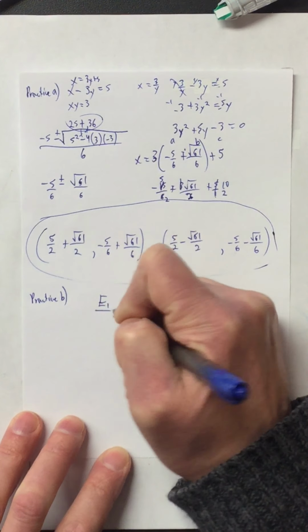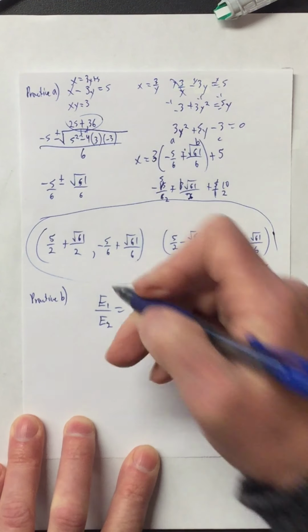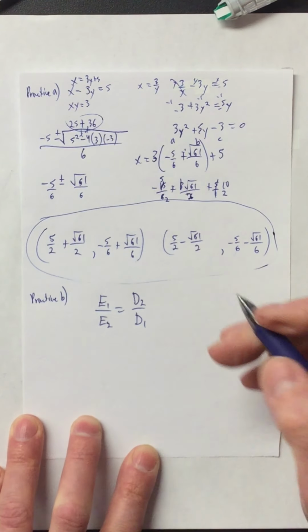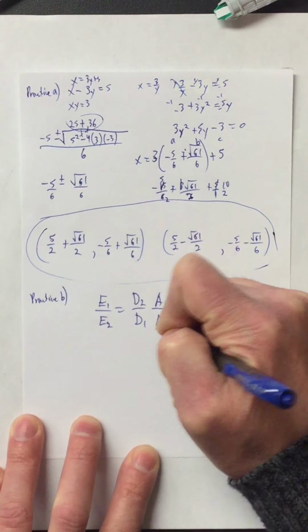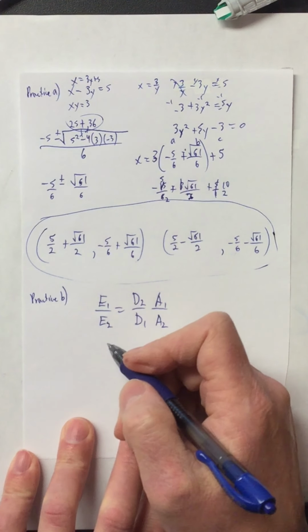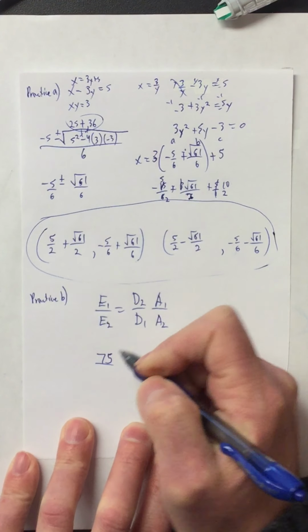So we got elk number 1, elk number 2 is equal to, and then inversely proportional with deer. So deer 2 goes on top and deer 1 on the bottom, and then directly proportional with antelope. So antelope would look this way. Okay, let's plug in our numbers. Our first elk number is 75.